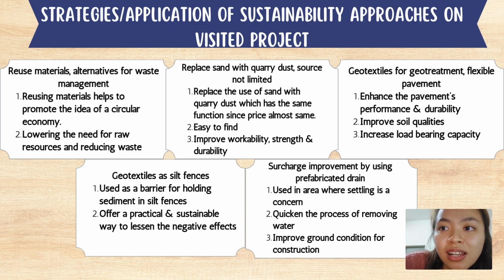Number three, geotextile for geotreatment as flexible pavement. It can enhance the pavement's performance and durability, improve soil quality, and increase the load bearing capacity. Number four, geotextile as silt fence. It is used as a barrier for holding sediment and offers a practical and sustainable way to lessen the negative effect.